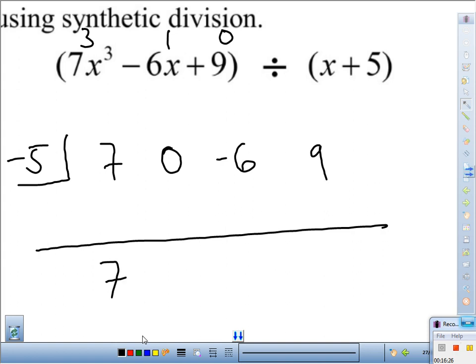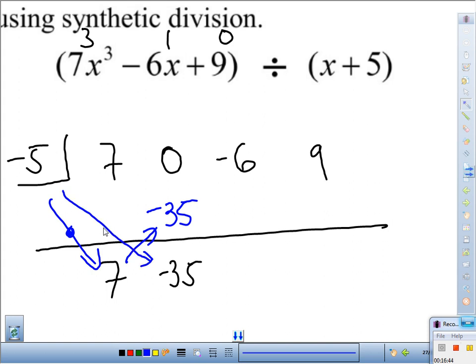Bring down the 7. Multiply. That leaves us with -35. What do we do here? Combine. Bring down the -35. Do it again. -5 times -35. What is it? 175.